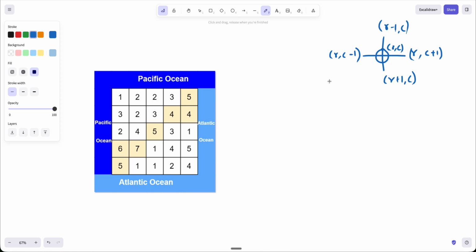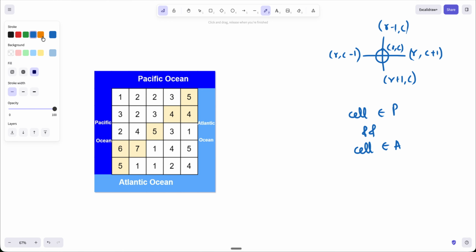These are all the directions it can flow, and a particular cell can be in the answer only if the cell can flow towards both the Atlantic and Pacific Oceans.